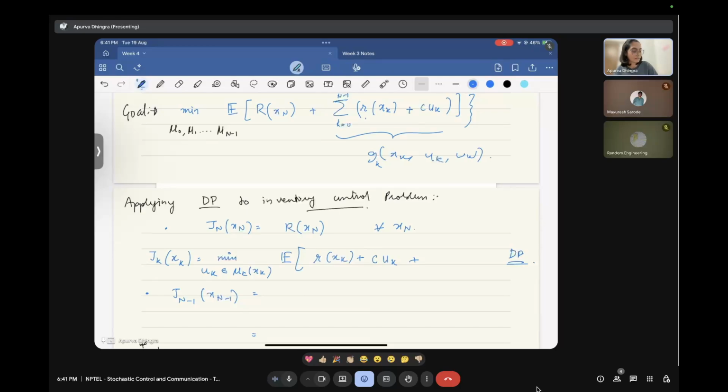Okay, and then there is the quantity, which is whatever happened one step before, or in the k plus 1 time step, and the dynamics of that time step. And we already know the dynamics, so the dynamics is xk plus uk minus wk.